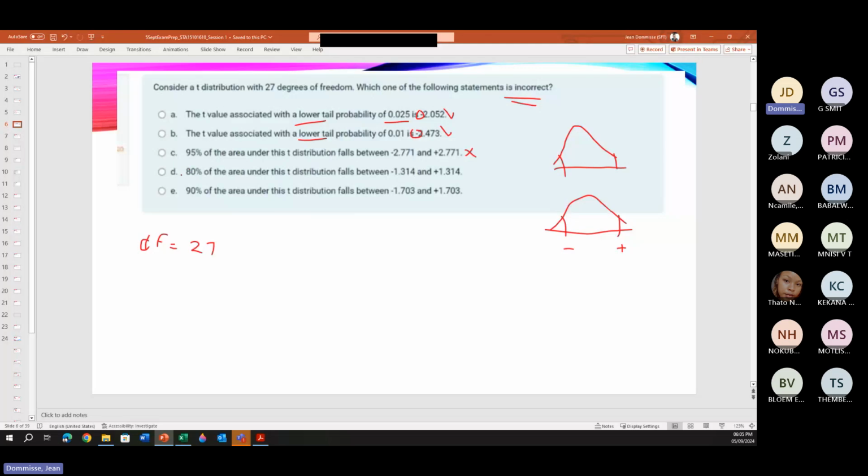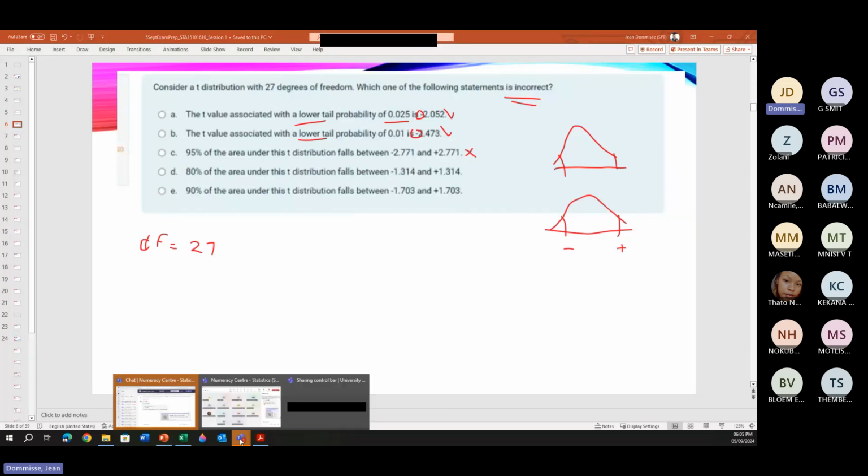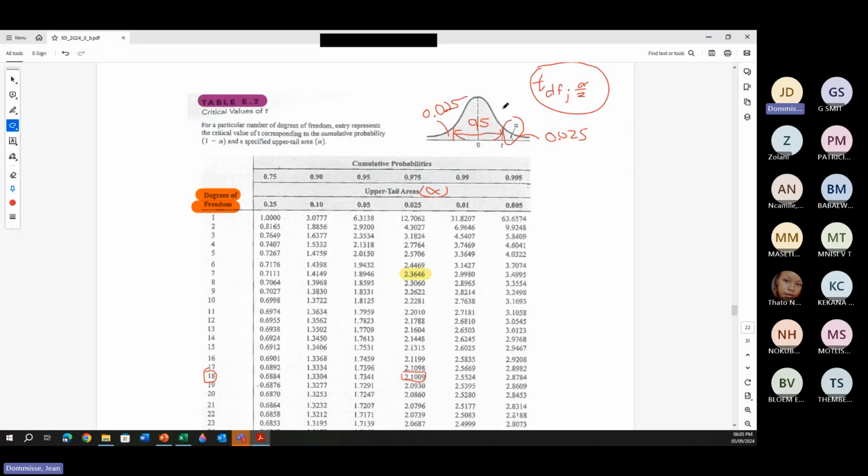So let's also look at 80. If it's 80 in the middle, there will be a 10 and a 10. So we're looking at the 80 up until that space is 90, so what is left is 10.